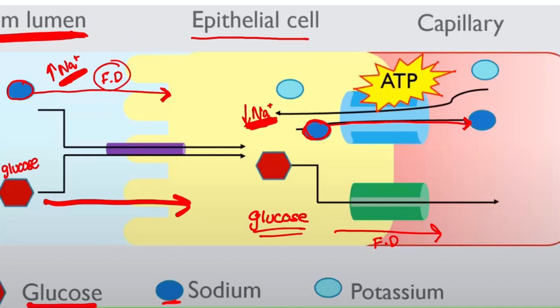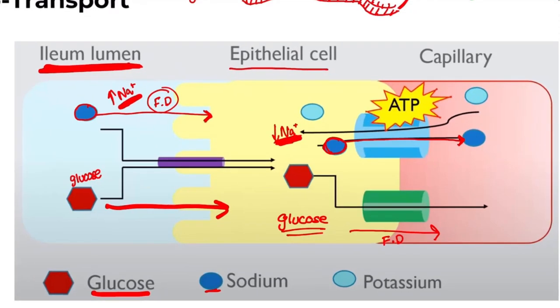So just going over it, in our epithelial cell, we have sodium ions. Those sodium ions are going to be actively transported into the capillary to reduce the sodium ion concentration in the epithelial cell. When that sodium ion concentration has been decreased, that's going to establish a concentration gradient, because you normally have a high concentration of sodium ions in your lumen.